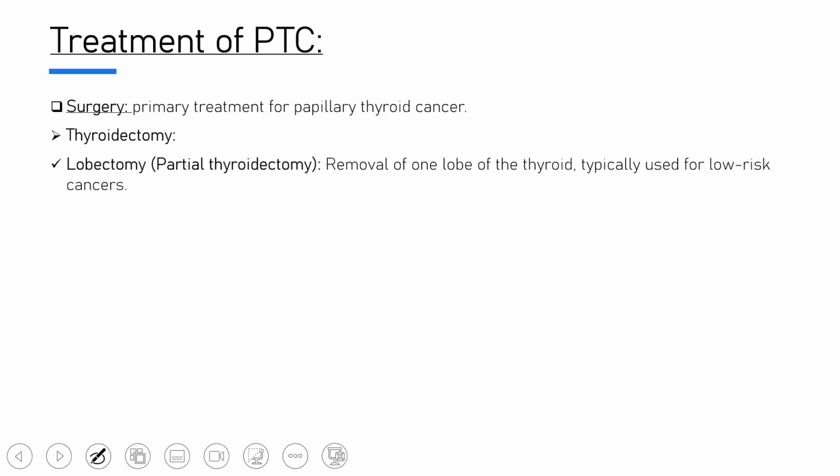Then there is the treatment of papillary thyroid carcinoma, where the first primary treatment is surgery. First we see the thyroidectomy. First is lobectomy, or partial thyroidectomy.